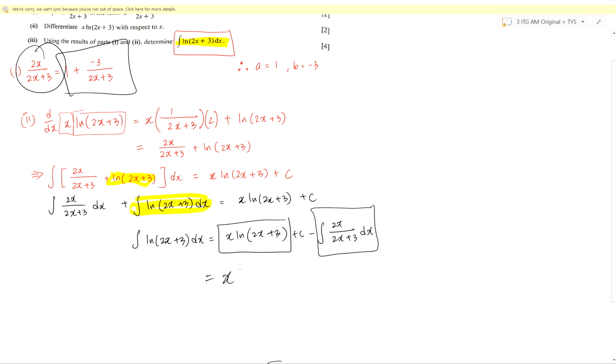So we have x ln(2x plus 3) plus c minus the integral, and we replace it with whatever we found in part 1: 1 plus negative 3 over 2x plus 3 dx.